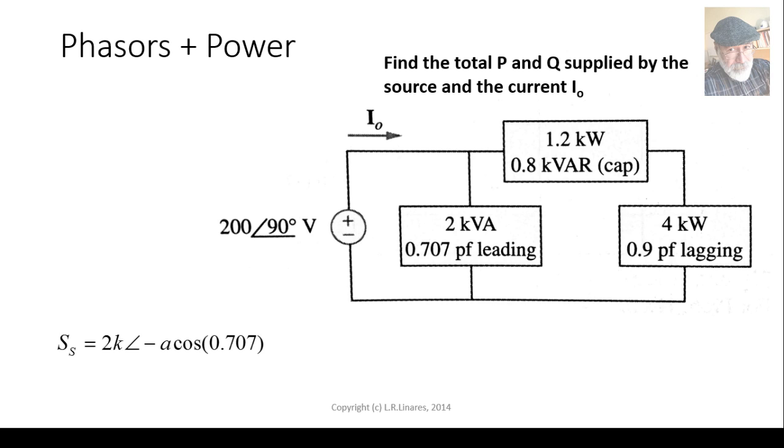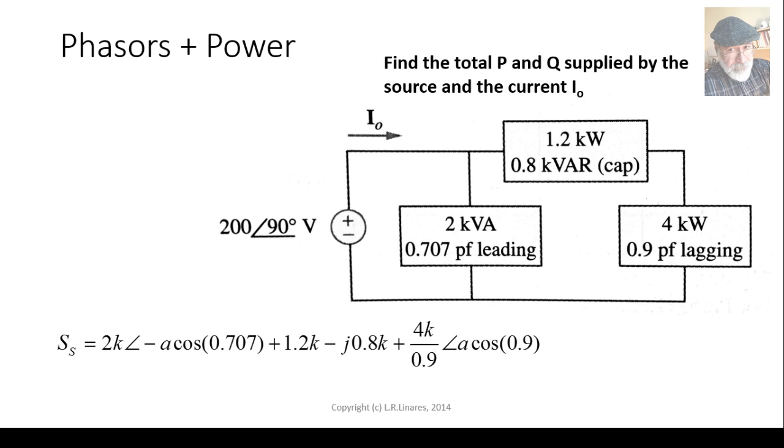And the other one, I add 1.2 kilowatts minus j 0.8 kilovars. Why negative? Because that load is capacitive. And the third one has a magnitude that is P divided by the power factor, 4 kilowatts divided by 0.9. And the angle is the arccosine of 0.9, positive because it's lagging. It is an inductive load.